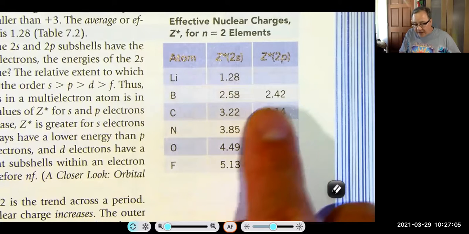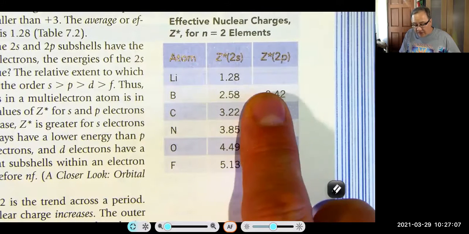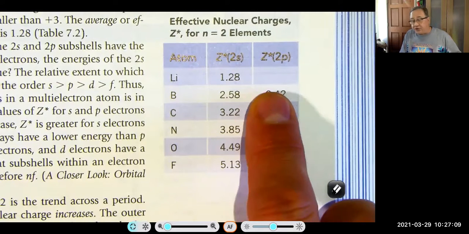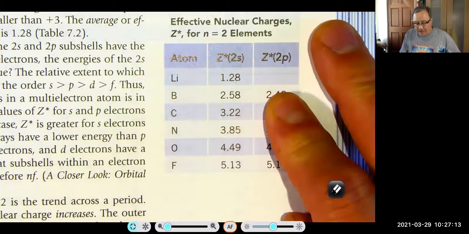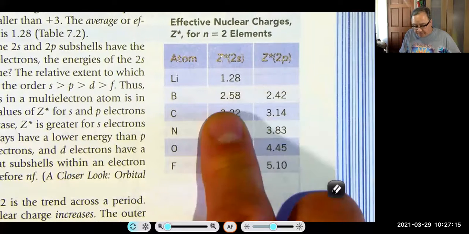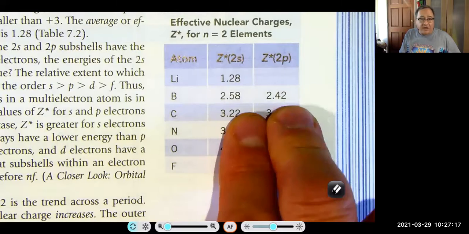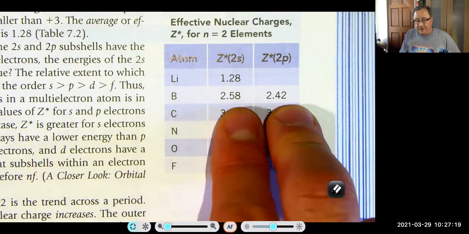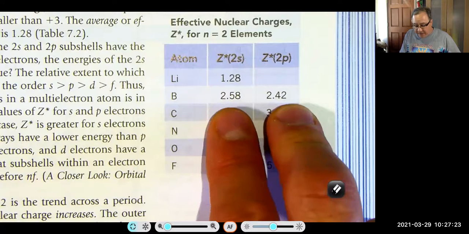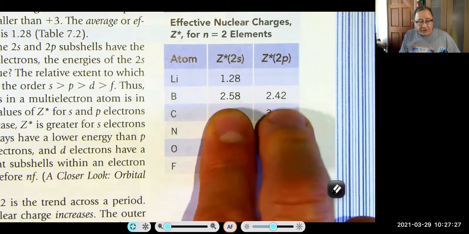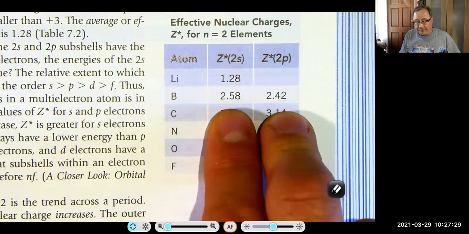They don't really have a Z star for lithium because there is no electron in the 2p subshell. But for boron, boron has 5 electrons. With 5 electrons, you would expect it to have a nuclear charge of +5 because it's got 5 protons in the nucleus, right?